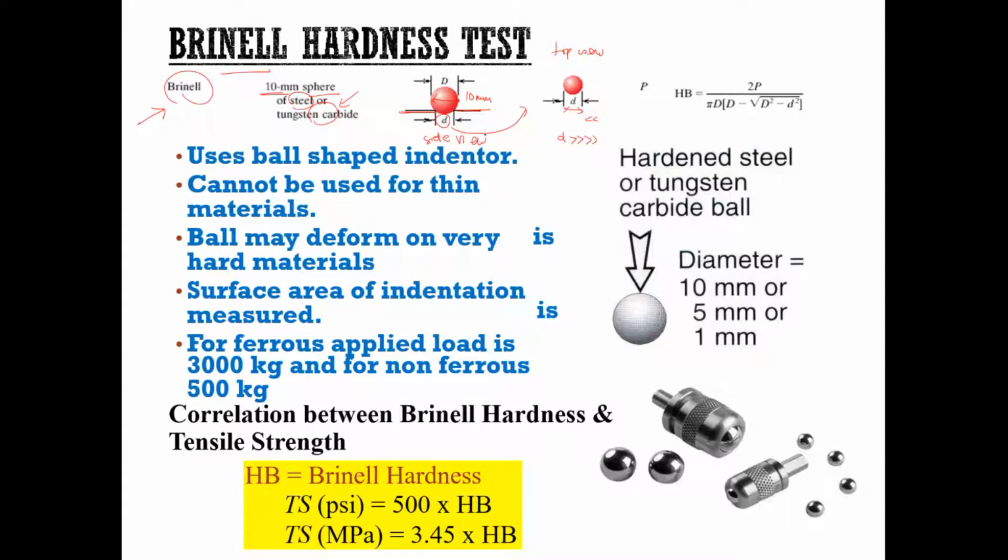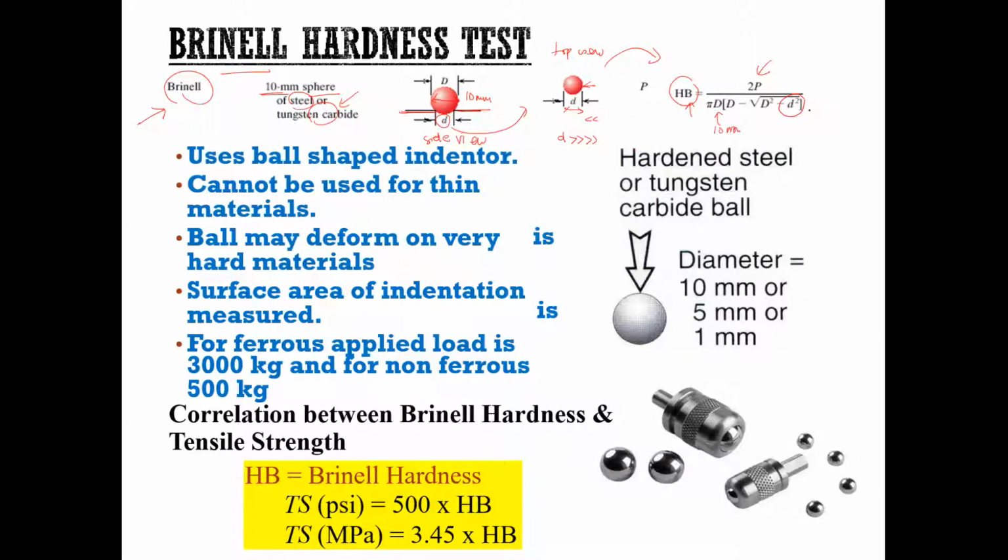Alright, so from this diameter measurement, we can generate a formulation for this HB, the Brinell hardness. B refers to the Brinell hardness testing. So here we have the load, which is P, and then D is your 10 mm diameter, and small d refers to the indent diameter, which is this one.